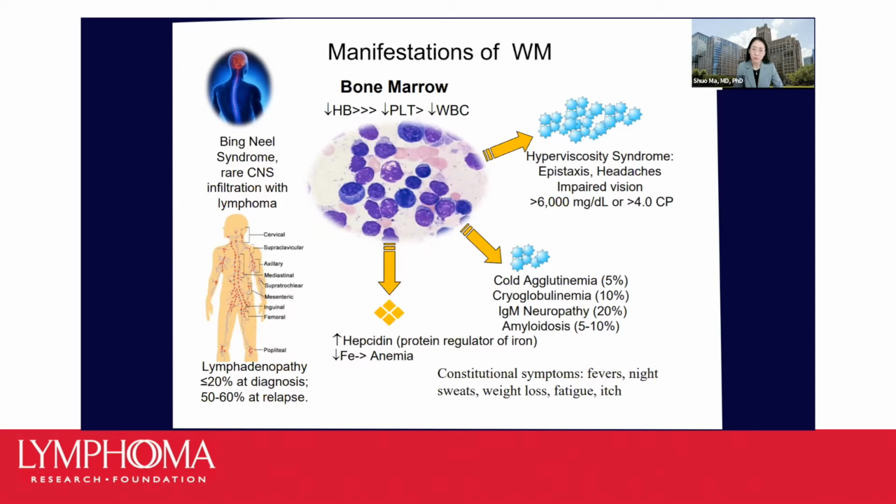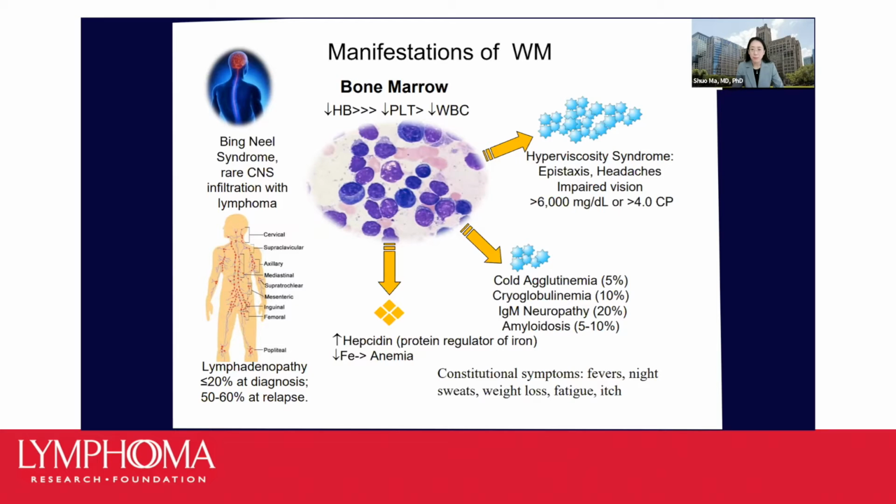For example, if we see reduction in the red blood cells, that will result in anemia. When we see progressive anemia, we have to worry whether that is due to the Waldenström overcrowding the bone marrow. Similarly, it can also result in reduction in the platelet counts. That's another sign of bone marrow function being impacted.